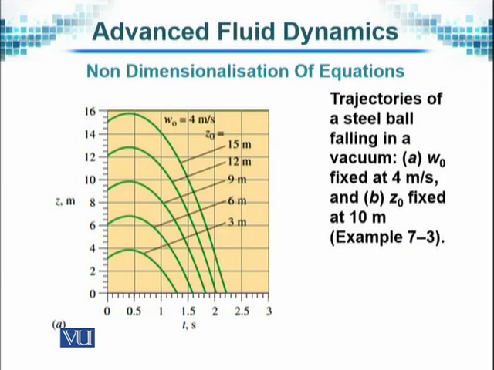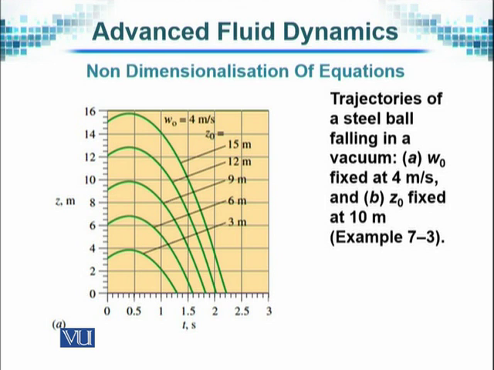Now, let us look at the trajectories in the first situation, where the experiments were conducted with an initial velocity W0 of 4 meters per second, and the height is varied, as you can see in the graph, from 3 meters, 6, 9, 12 and 15.